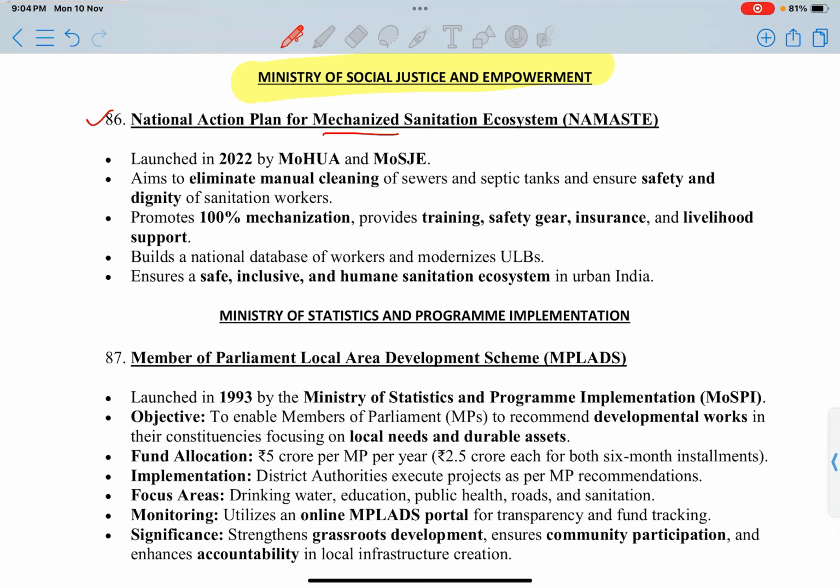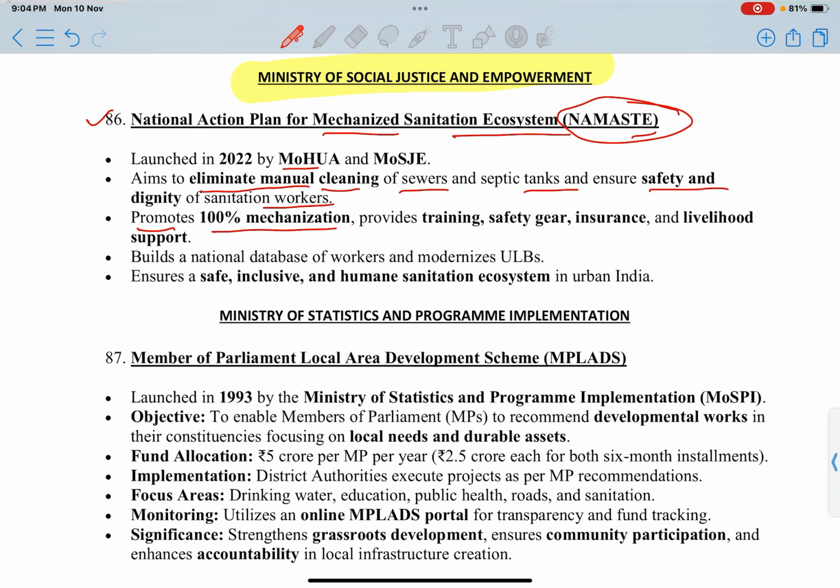Okay, next we are going to talk about Ministry of Social Justice and Empowerment. National Action Plan for Mechanised Sanitation Ecosystem, NAMASTE. Very important one. In the exam, they may directly ask what the NAMASTE scheme is related to. It is launched by the Ministry of Social Justice and Empowerment. It aims to eliminate manual cleaning of sewers and septic tanks and ensure safety and dignity of sanitation workers.